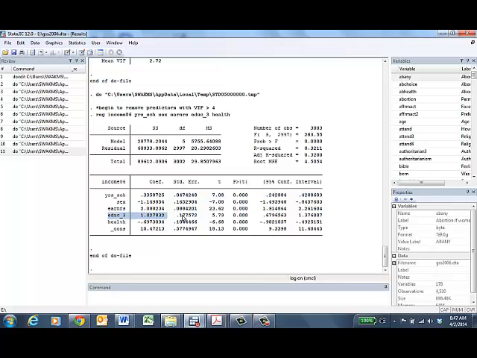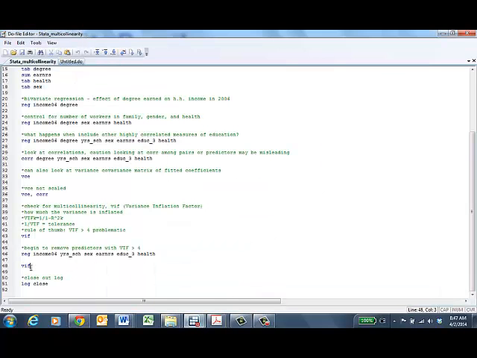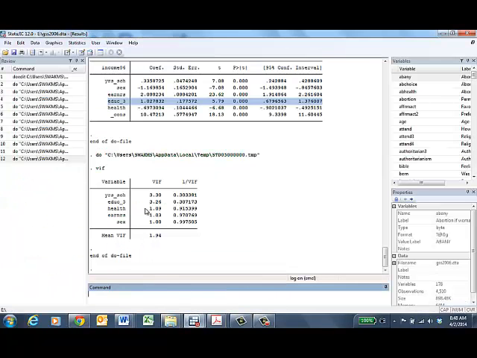And now we see that education not only has a positive effect, but that it is statistically significant at conventional levels. And if we report our VIFs from this model, you can see that they're all under 4, which is fairly good. If we wanted to, we could probably remove education as well and just leave in our years of schooling measure, and our VIF statistics would be even lower.